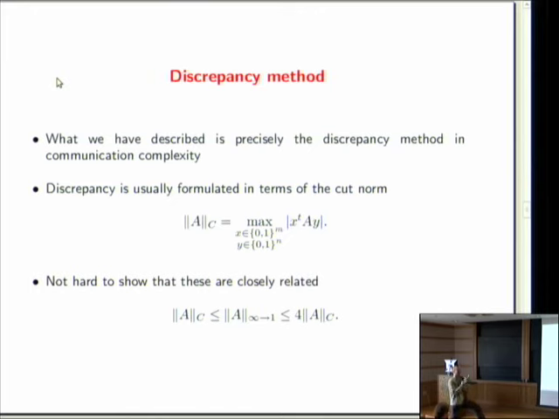That's the discrepancy with respect to that probability distribution. And it doesn't make that big of a difference if you maximize with respect to 0, 1 vectors or plus minus 1 vectors.